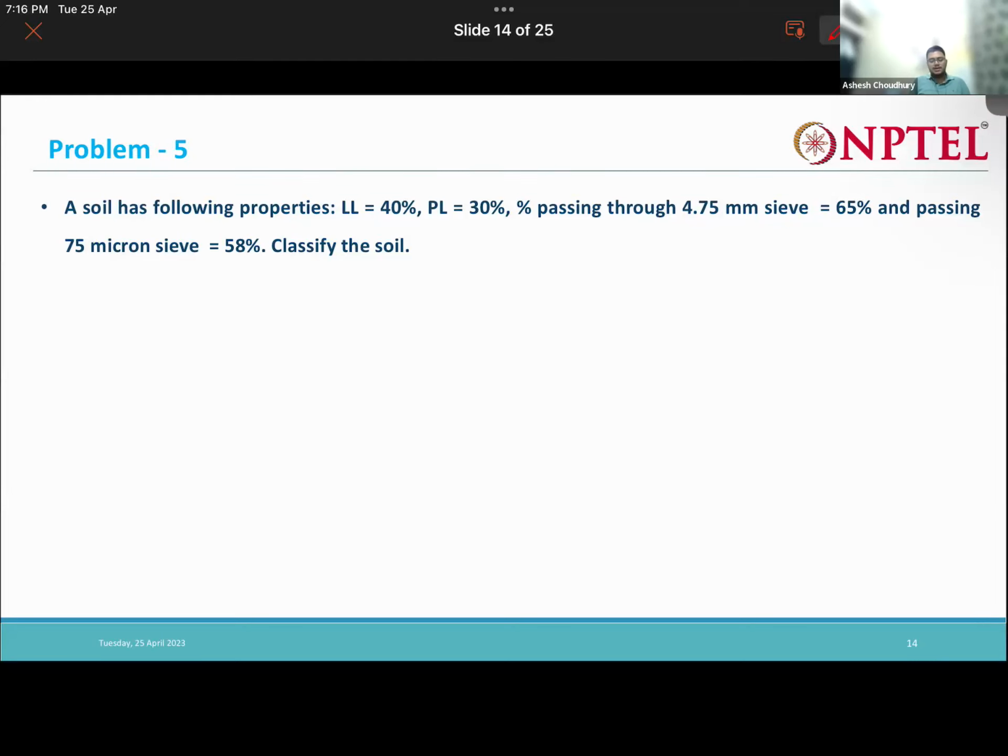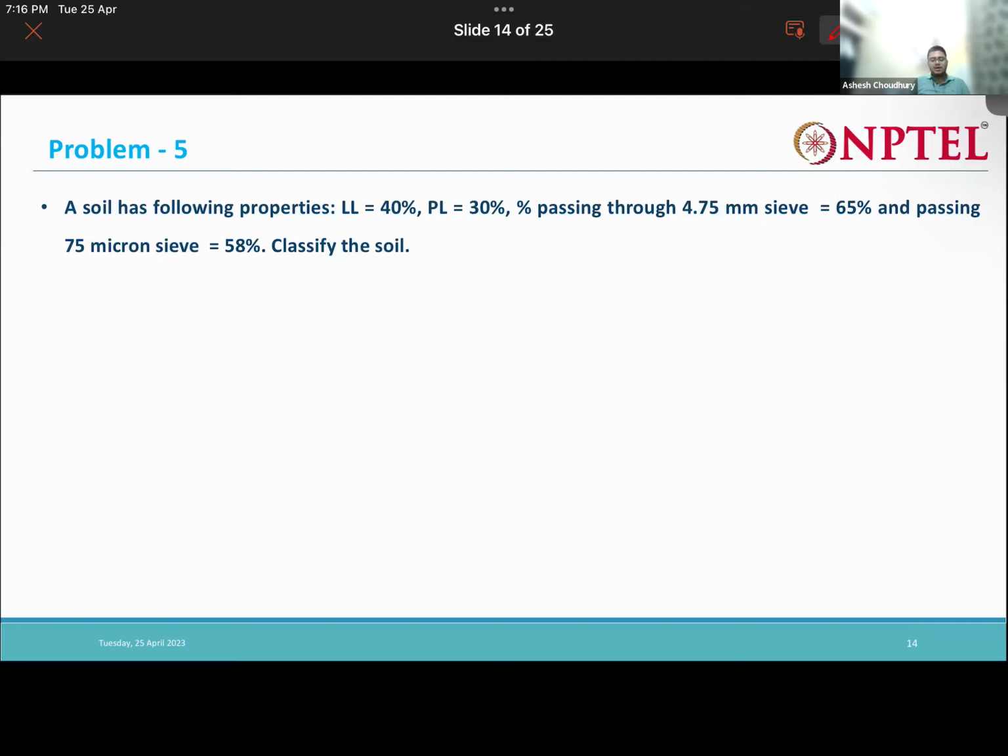Also, after we have done the sieve analysis, if the fine fraction is considerable, we do the liquid limit and plastic limit test on the 75 micron, 0.075 mm passing fraction.